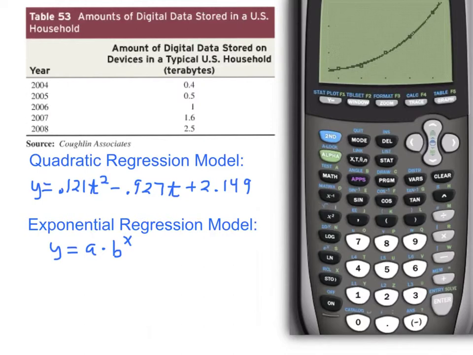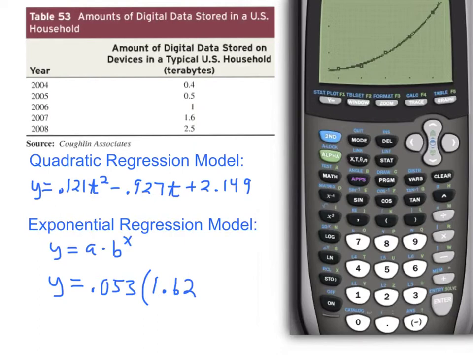Now I'm going to write the equation down for that exponential model. It was y equals 0.053 was the a, and I've rounded that off. And that's times b was 1.62 approximately. So 1.62 to the x power.